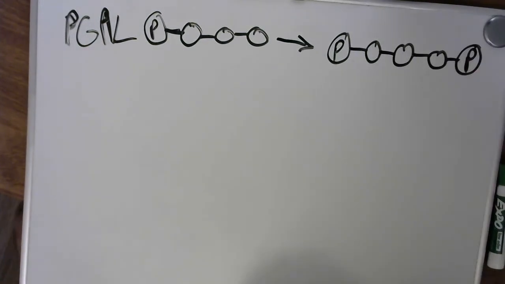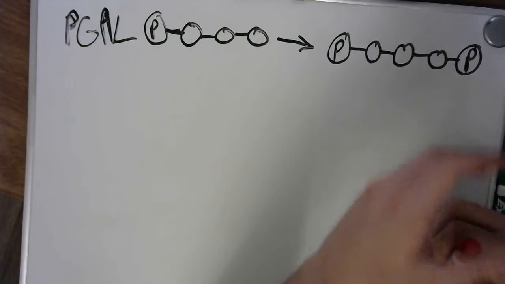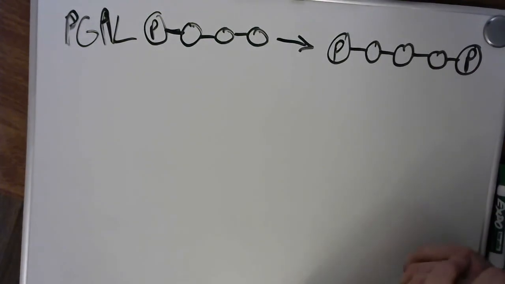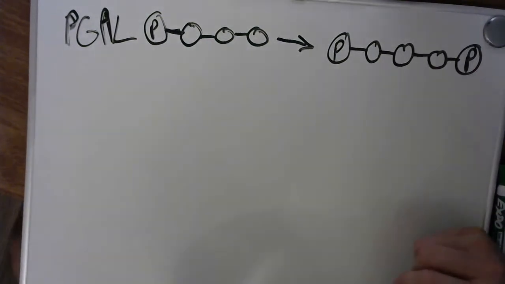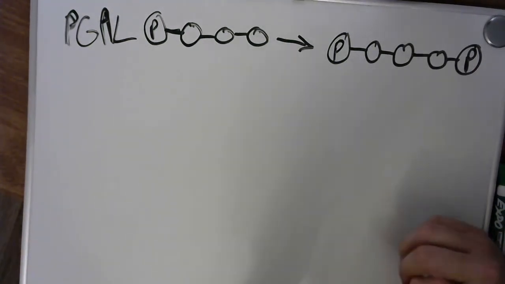When you do that, you literally need energy to put the phosphate in there, right? And that energy can come from different ways and different processes. But one good way to do that is to combine that with another reaction, which is the oxidation.